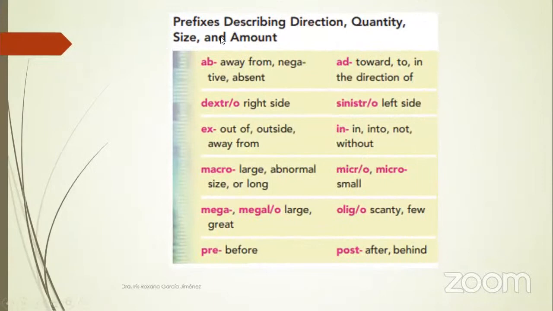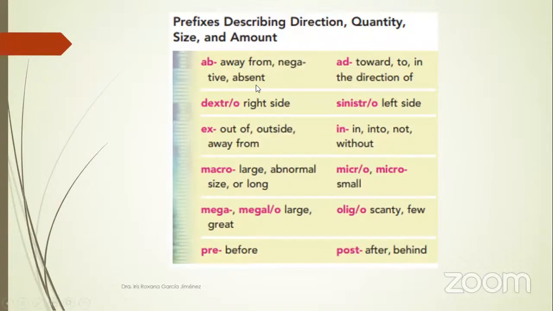About prefixes describing direction, quantity, size, and amount, we have all of them. Twelve ones that are the most common in order to catch what we are talking about. For example, a, away from, negative or absent.